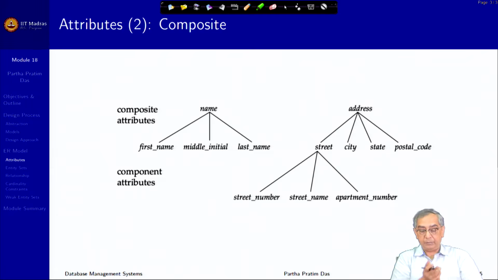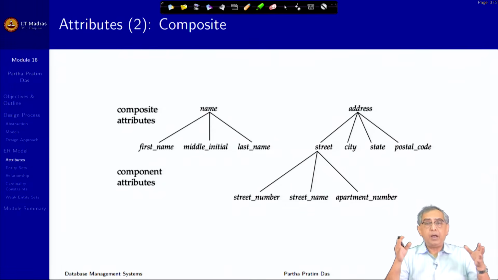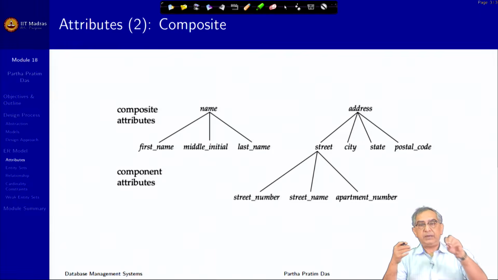attribute, it has multiple. For example, an address is typically composed of street, city, state, postal code and so on. Street in turn will be composite in terms of street number, street name, apartment number and so on. So, even date could be considered a composite attribute, because it has a day, a month, a year.